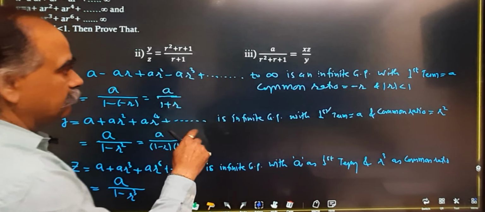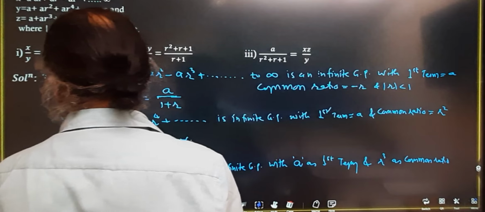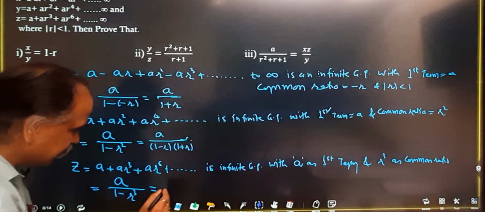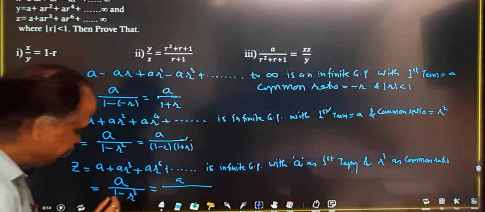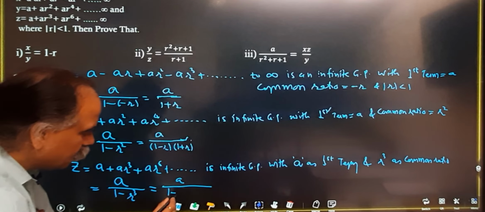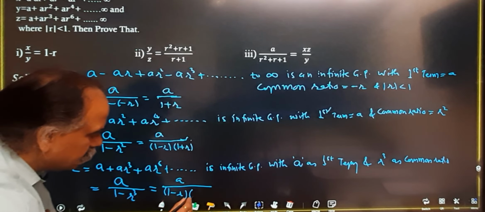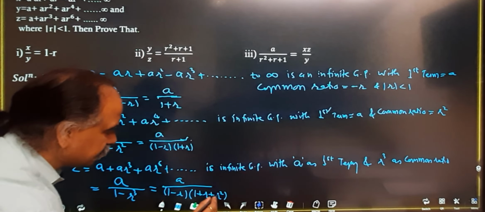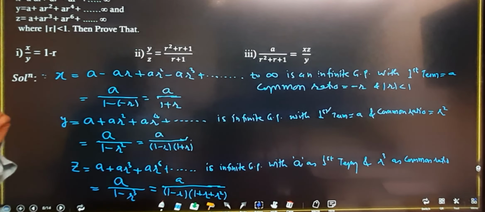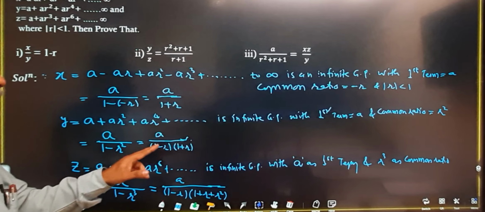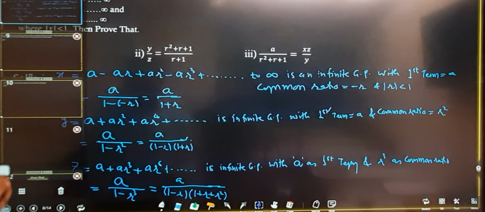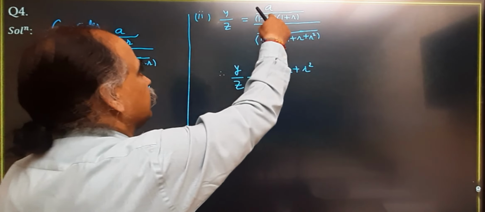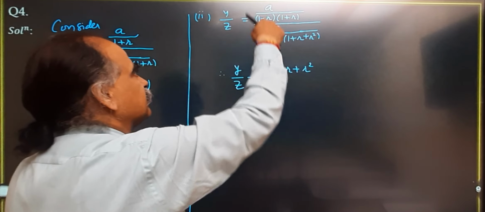Oh, sorry. Y was a upon 1 minus r into 1 plus r, and Z can be written as a upon 1 minus r cube. The factors of 1 minus r cube will be 1 minus r into 1 plus r plus r square. So for the second part, Y is a upon (1 minus r) into (1 plus r). a upon 1 minus r will get cancelled.